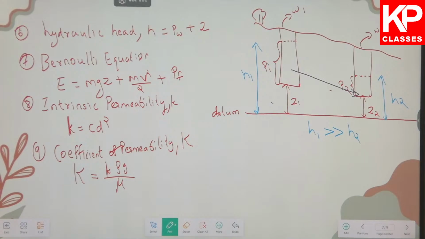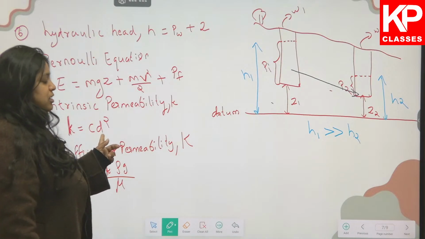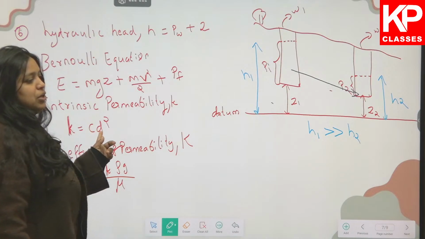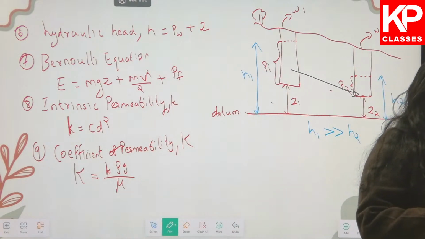Here the intrinsic permeability is only a factor of the medium. Here C is the shape factor, and D is the diameter of the pore space.